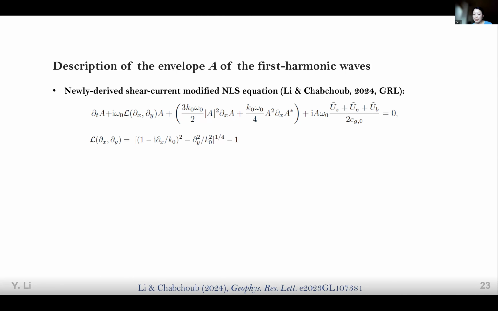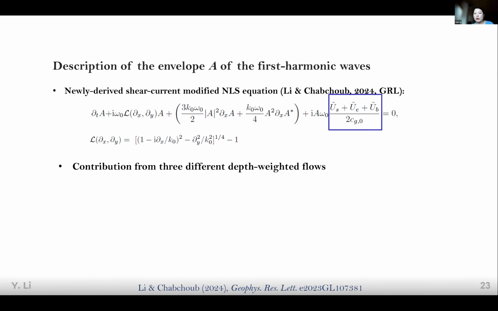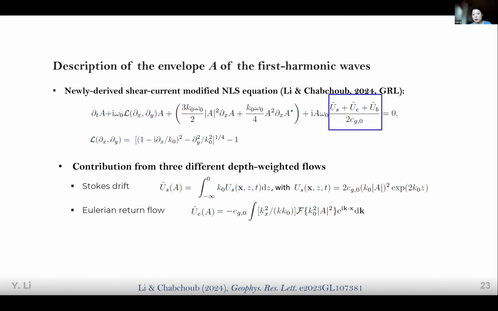Here, I would like to highlight three components which are contributions from different depth weighted flows. The first component is the Stokes drift, which we have already known, which can be considered in the absence of current, and also the Eulerian return flow, which propagates opposing the wave group velocity.